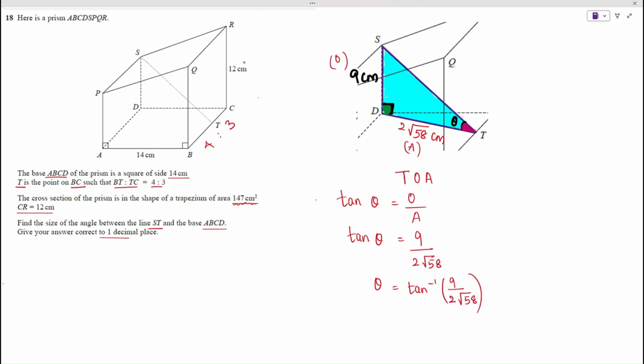This gives us the value of theta as 30.5779476. And the question asks us for one decimal place, so we can't forget our decimal places. And so we get 30.6 degrees as the size of the angle between the line ST and the base ABCD.